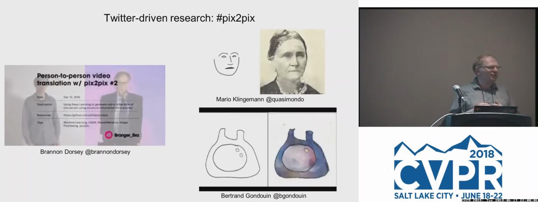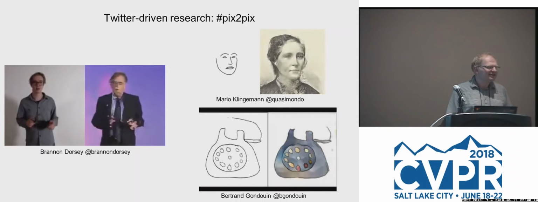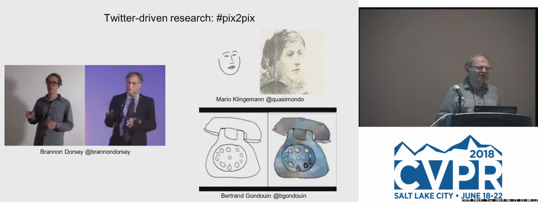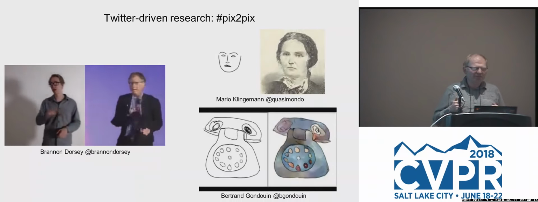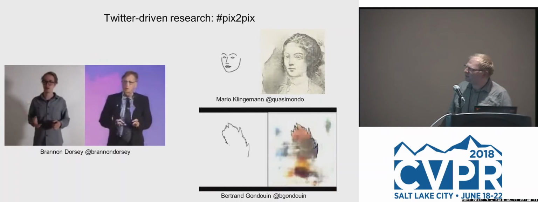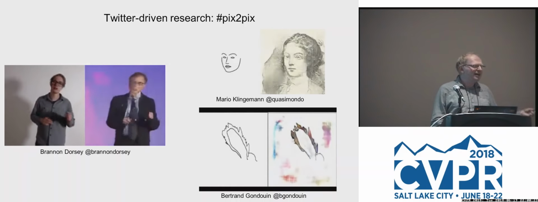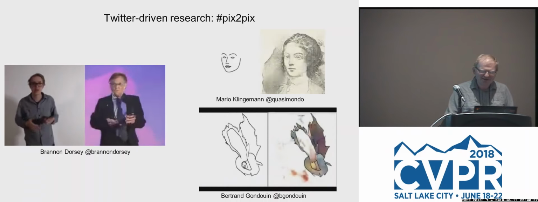The cool thing was that a lot of the people who were doing this were not computer scientists. They were just random people, or they were actual artists. And over the months, all this Twitter feed was full of really cool and creative approaches of using GANs for artistic purposes.